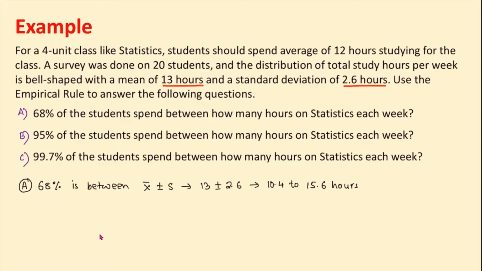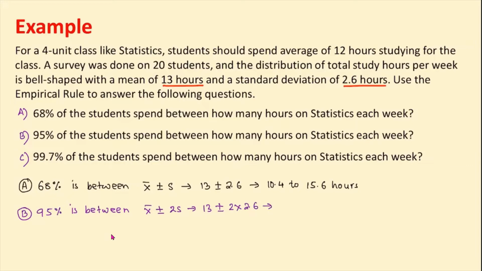Okay, now let's go to B. In part B, we're looking for 95%. And we know that 95% is within two standard deviations, according to the empirical rule. So it will be mean plus or minus 2 times the standard deviation, which is 13 plus or minus 2 times 2.6.